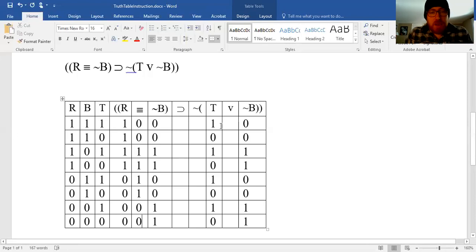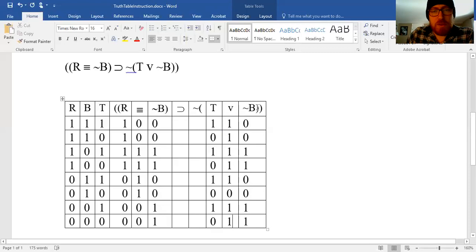Now, the shortcut for the wedge: there's only one condition where a wedge is false, and that's when both parts are false. That only occurs on line 6. So on line 6 of the table, the wedge is false, but on every other line, that wedge is going to be true. Now, this tilde is determined by the value of the wedge. I'm saying it's not the case that this whole thing is true.